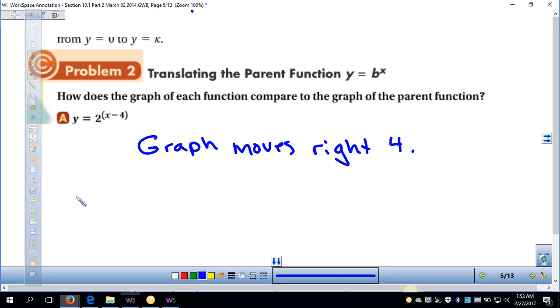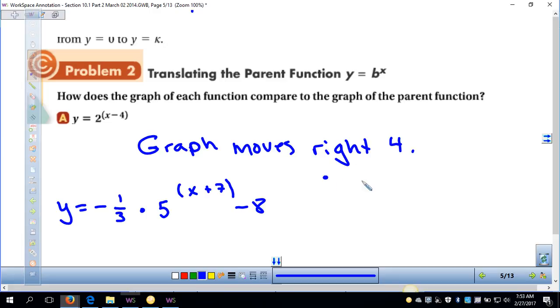So if I had, let's say, y equals negative 1/3 times 5 to the x plus 7, and then minus 8. And I want you to describe the transformation. So start from the left, and what do we get? Hope, go ahead.